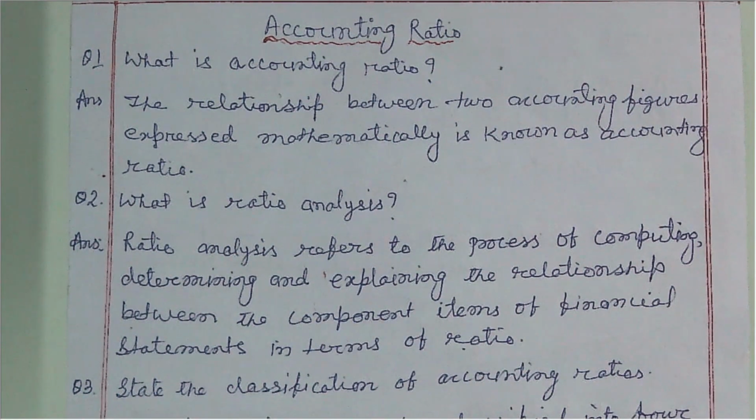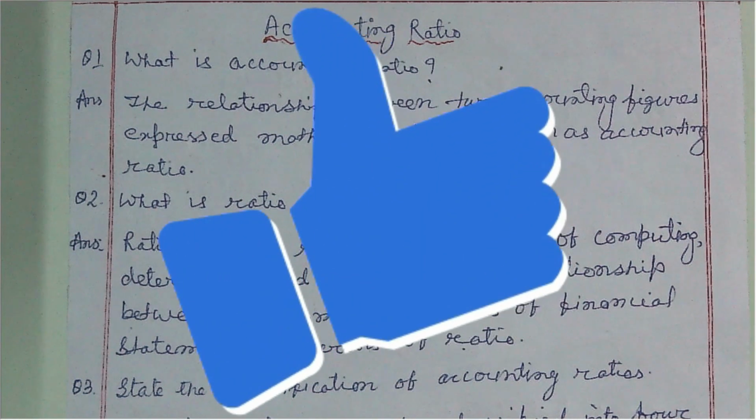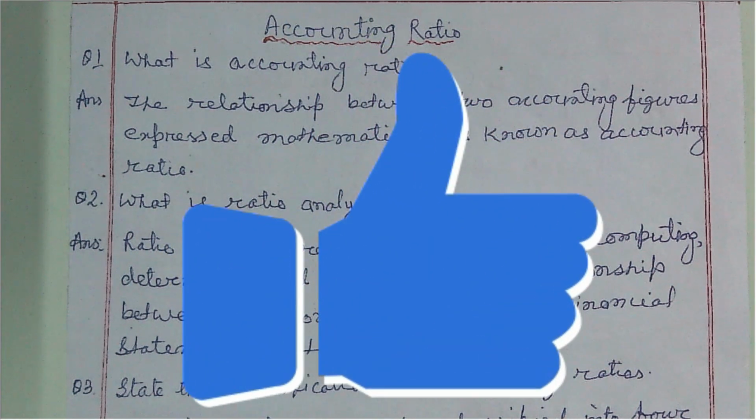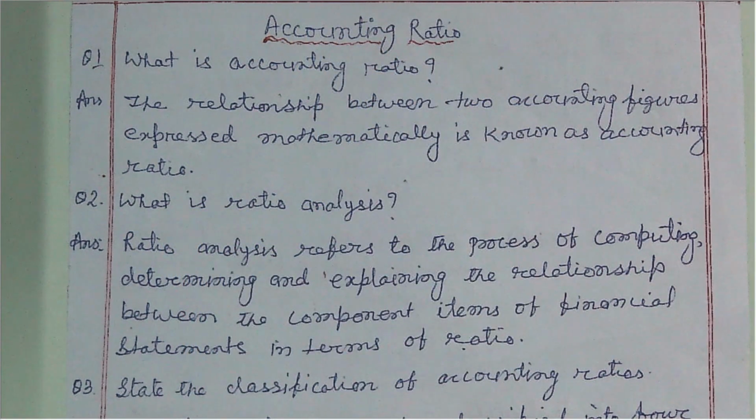The main sources of accounting information for calculating accounting ratio, the main sources of accounting data which I had discussed with you in my preceding video class, that is your financial statements.